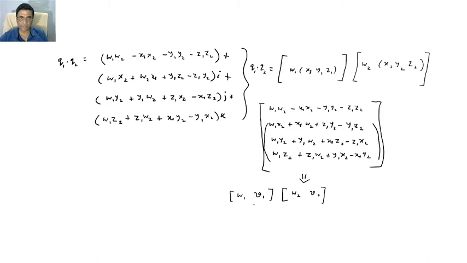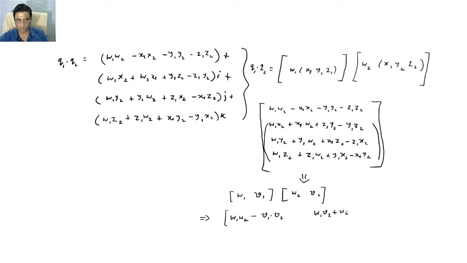So in short form it is written like this: w1 w2 minus V1 dot V2. This is the real part, and this is the imaginary part.